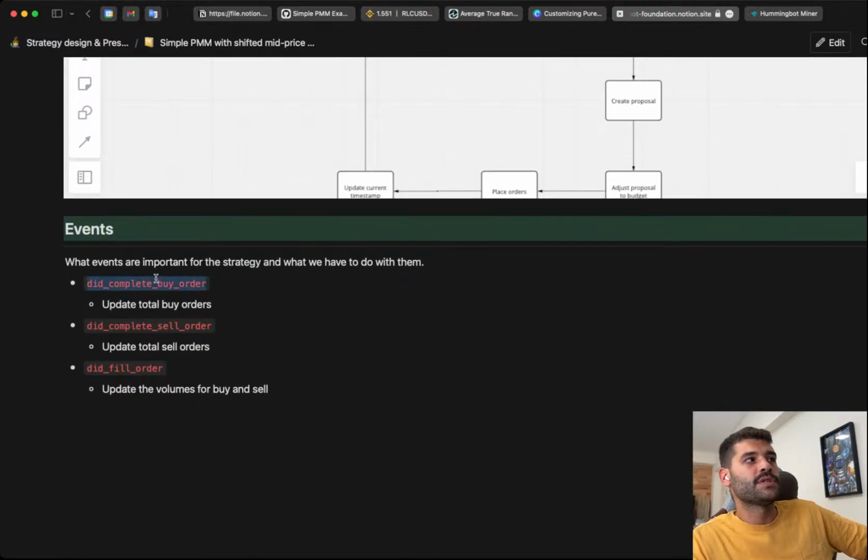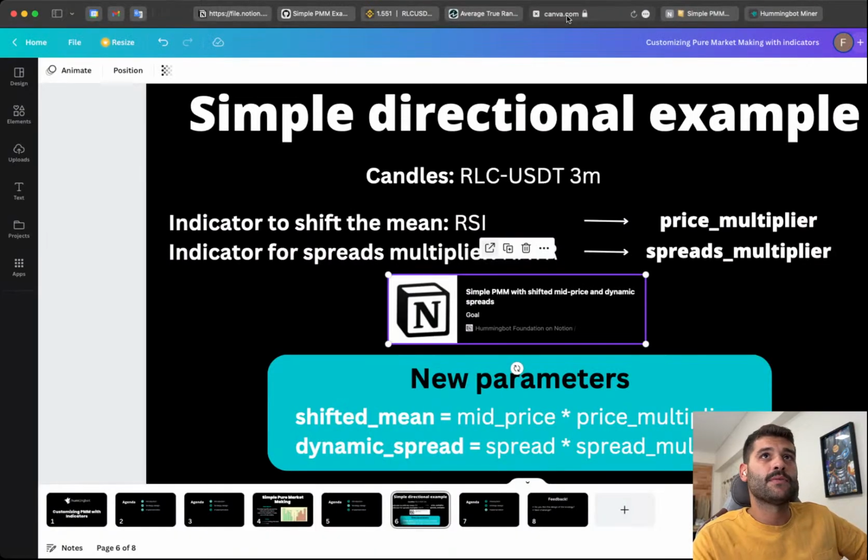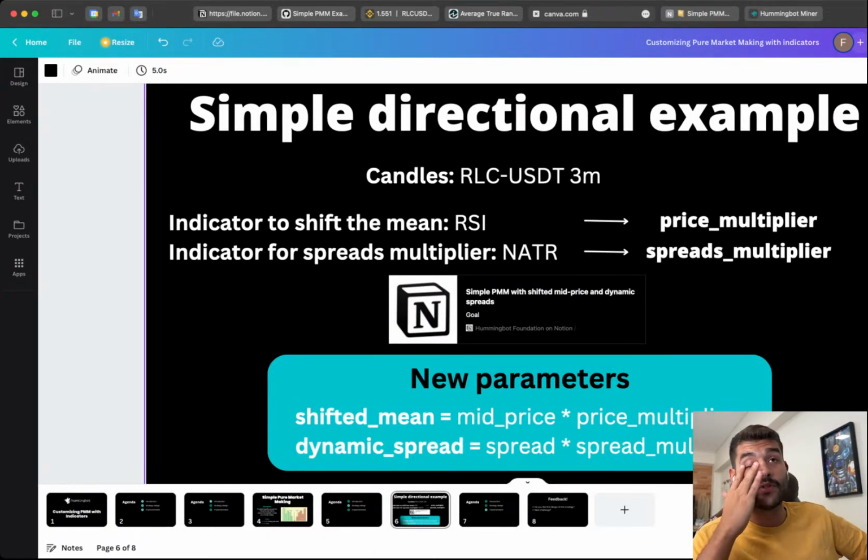And for that, I'm going to use these events: did complete buy order, did complete sell order, and did fill order. That's essentially what I'm going to use in the whole code. So, I think that was a very good explanation of what we are going to do. Now it's time to code.